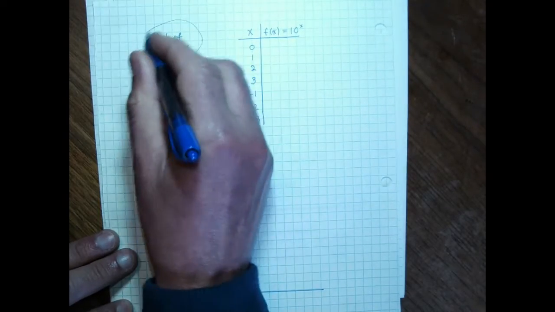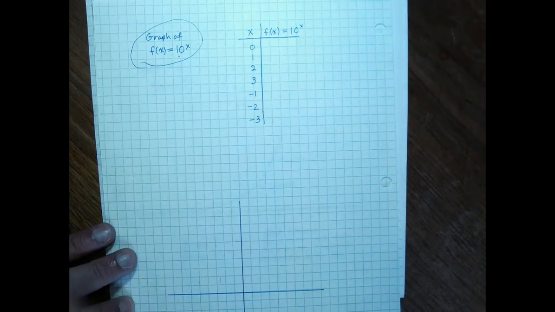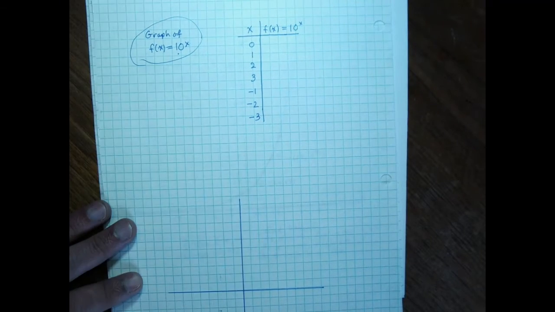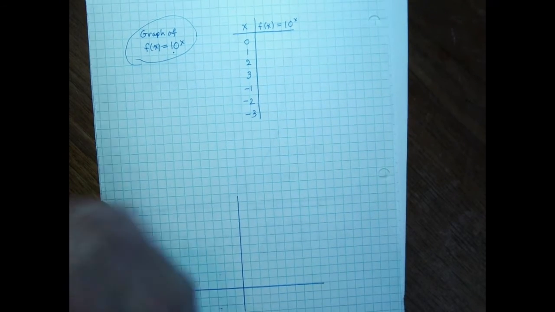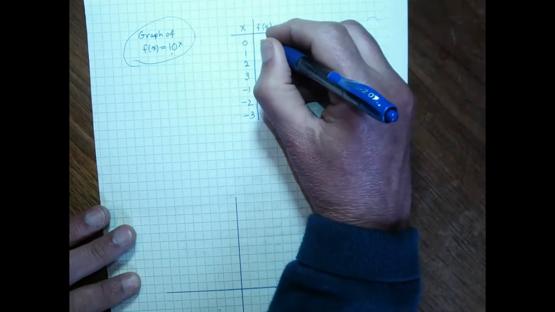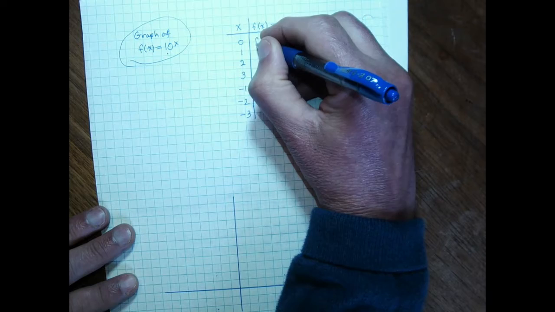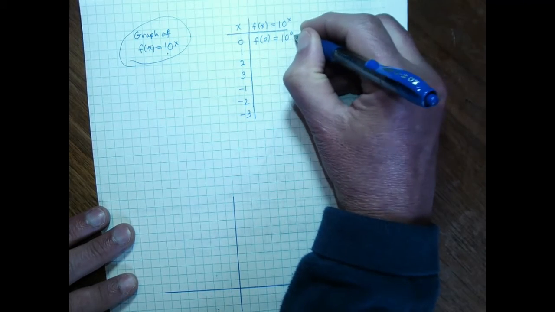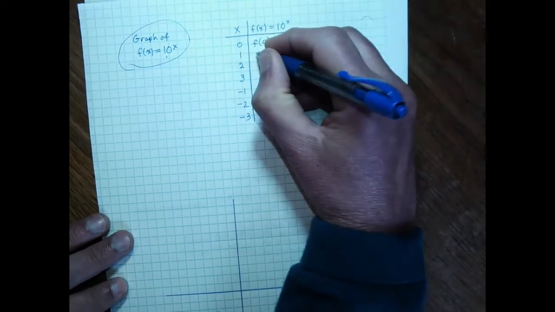Another exponential function, 10 to the x. So the form looks very similar to 2 to the x, but the base here is different. What happens if I work with a different base, like 10 to the x? Well, a table of values is set up here. F of 0 would be 10 to the 0, or 1.